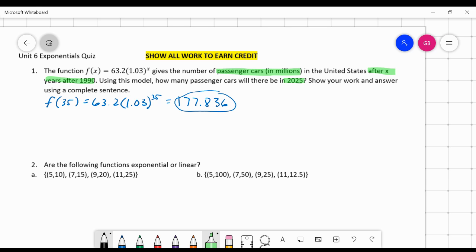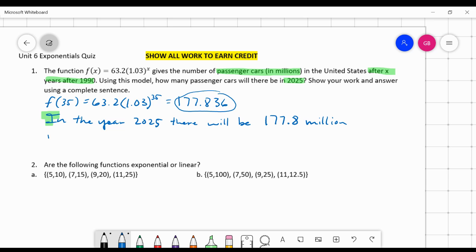So in the year 2025, there will be 177, and I'm saying around 0.8 million passenger cars. There you go.